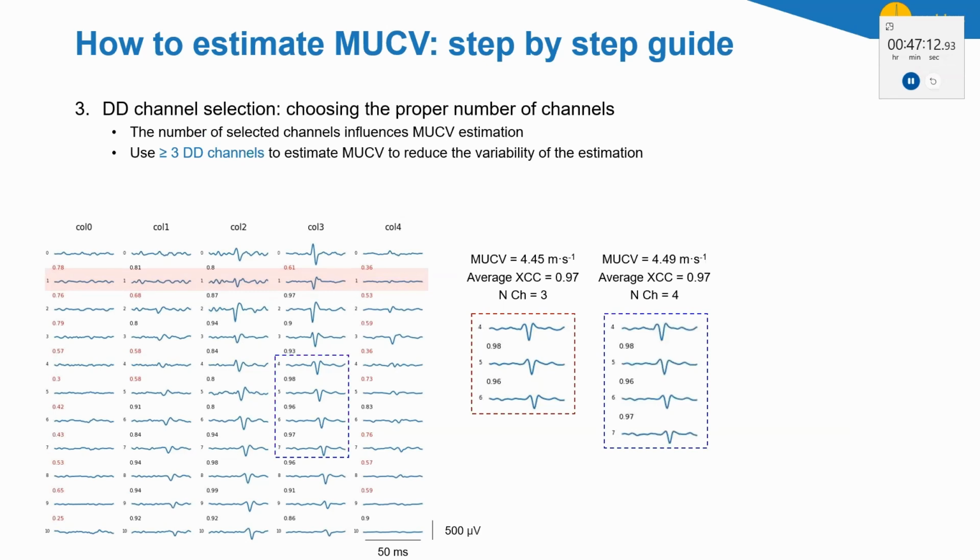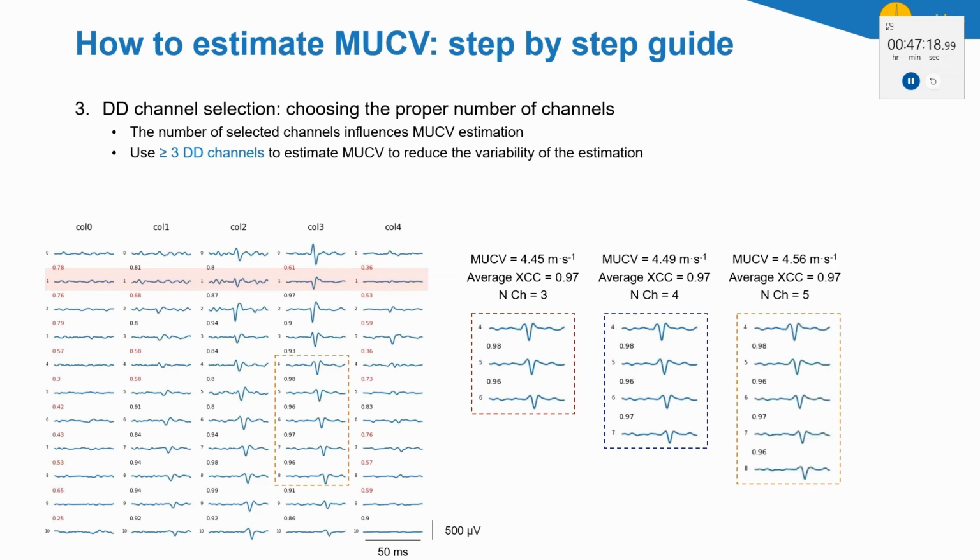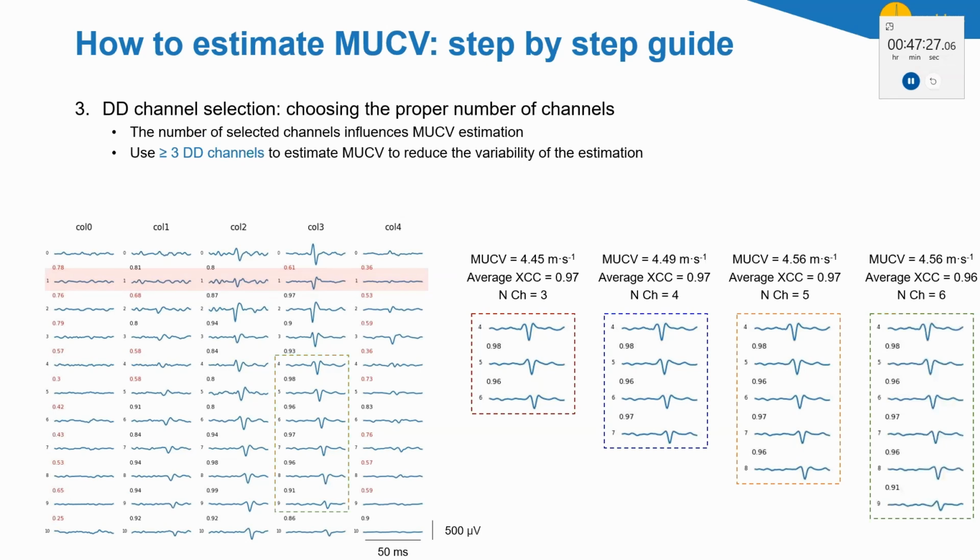With 4, still very good average cross-correlation values, slightly higher values of conduction velocity estimate. With 5 channels, conduction velocity increases. With 6 channels, one more time, similar results to those of 5, but still a very good, very high and acceptable average cross-correlation coefficient.